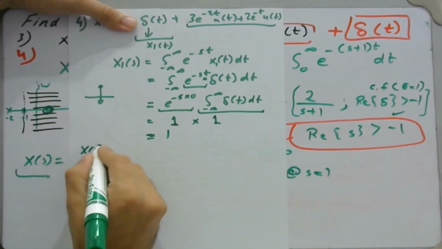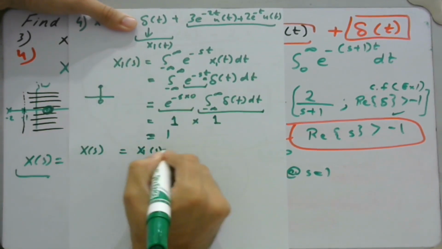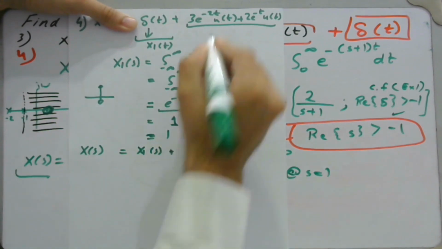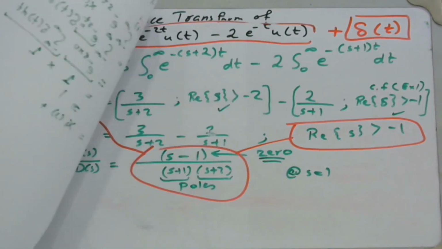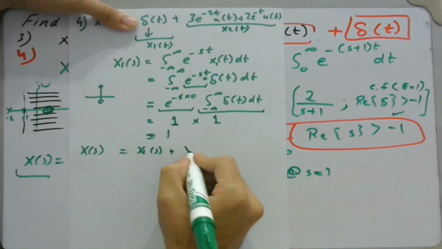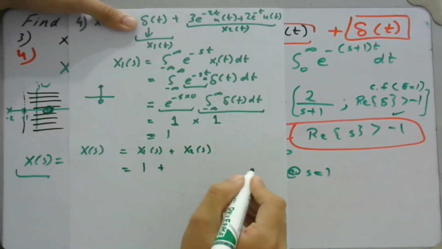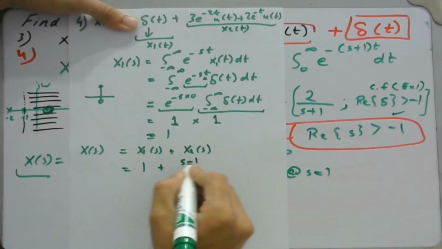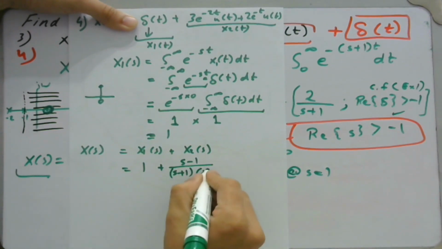Hence x of s is this x1 of s plus, say, this was x2 of t, which we have already calculated over here. This is x2 of s, and hence we have 1 plus s minus 1 over s plus 1 times s plus 2.